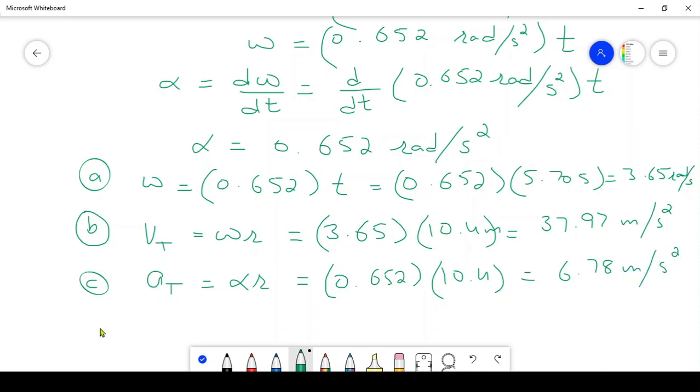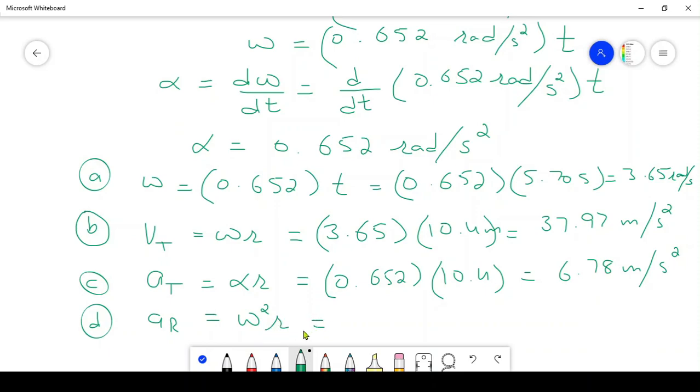In the last part, we are required to find the value of radial acceleration. We have the formula for radial acceleration, which is AR is equal to omega squared r.